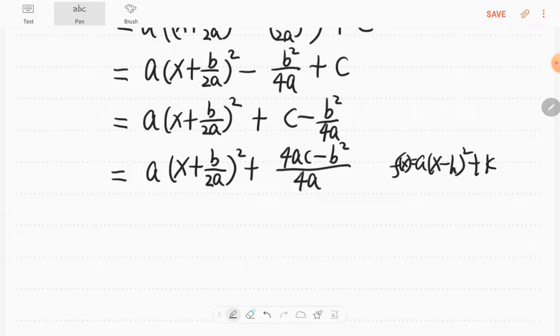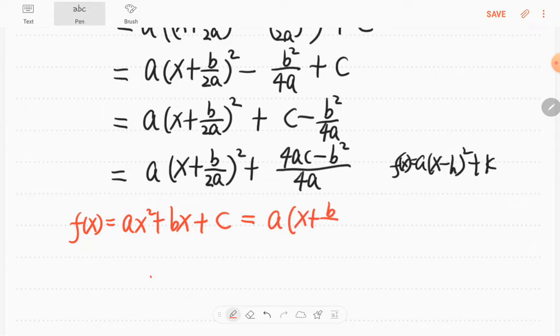So now let's summarize what we have. If you have f of x given by this form, ax squared plus bx plus c, you can write this as a times (x plus b over 2a) squared plus (4ac minus b squared) over 4a.